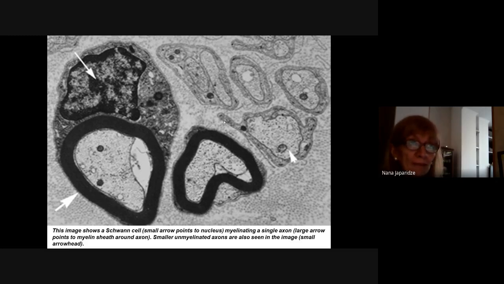Look here, please. Here are again Schwann cells and axons in their cytoplasm, but these are unmyelinated axons. And usually the size of unmyelinated axons is much smaller than myelinated ones, and you can see both of them in the peripheral nerves.